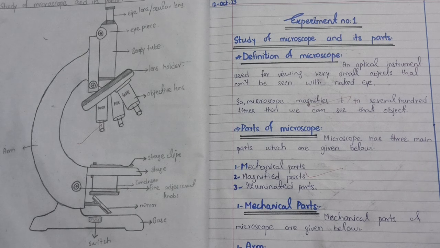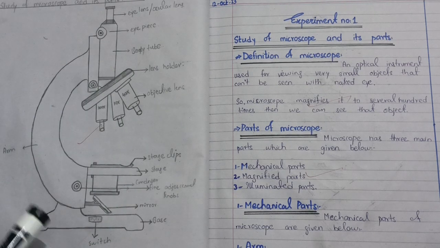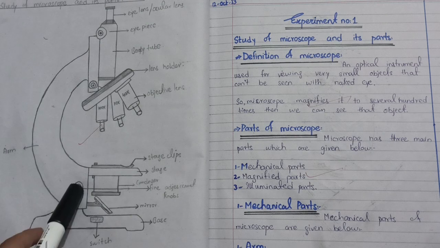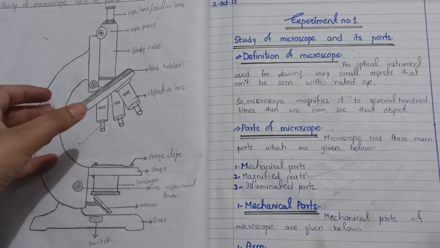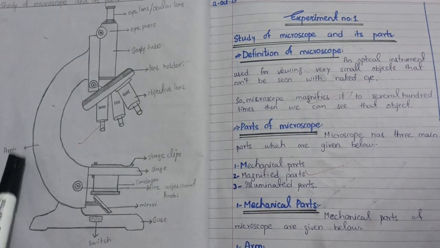Here, as you can see, I have drawn a microscope for all of you, and clearly you can see from the labeling that every part of the microscope is labeled. You also have to draw this diagram on your practical copy. This is the arm of the microscope from which you are going to handle it, so you have to grab the microscope from the arm.